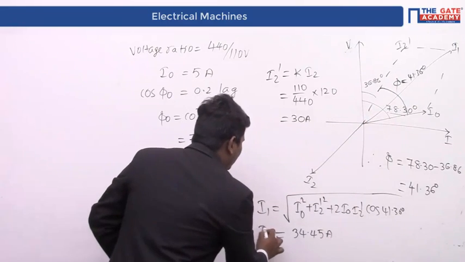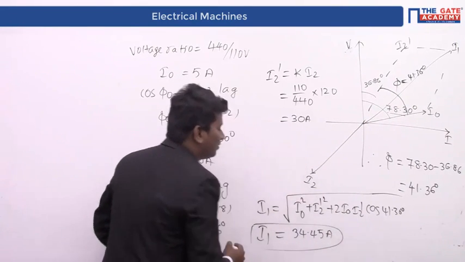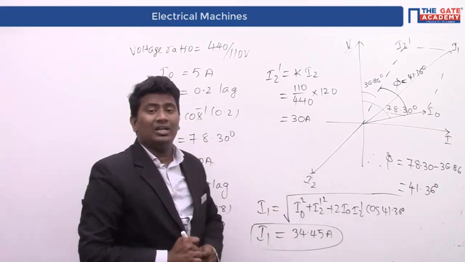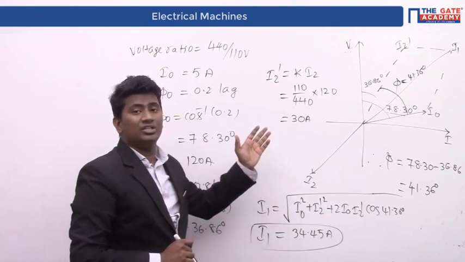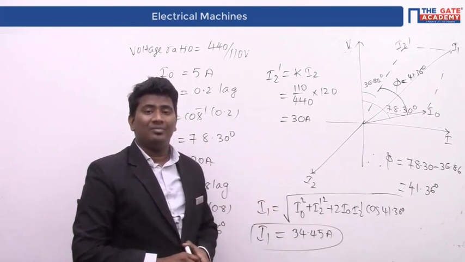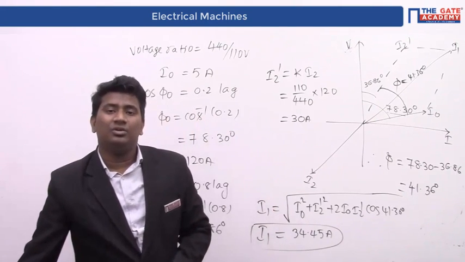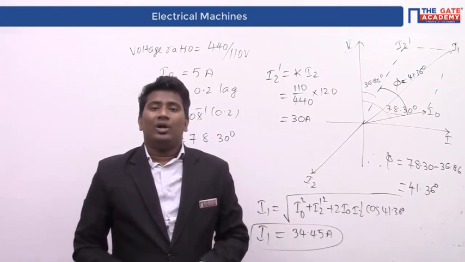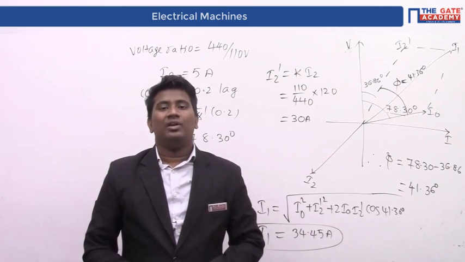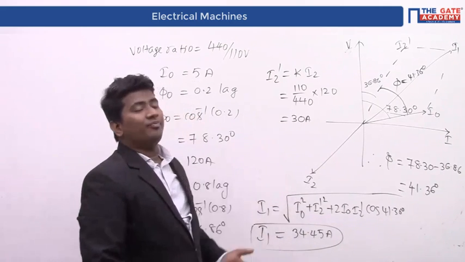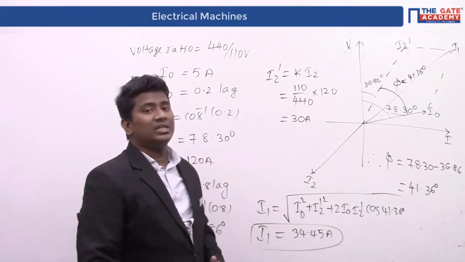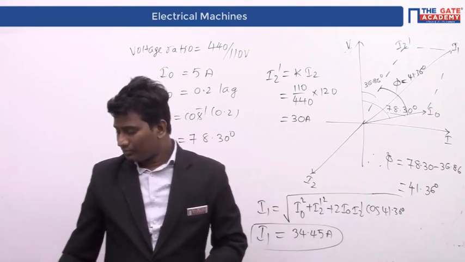Finally, this is your current. This is a very important model question where we generally commit a mistake. So while solving these questions, we should not commit any mistake. How are they asking in transformer problems? One thing is on losses, another is on primary side based questions like equivalent circuit based questions.